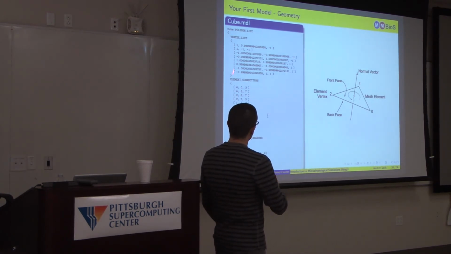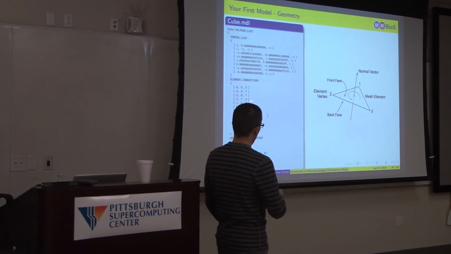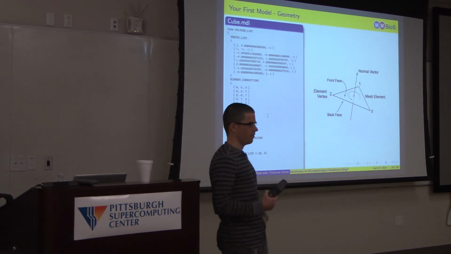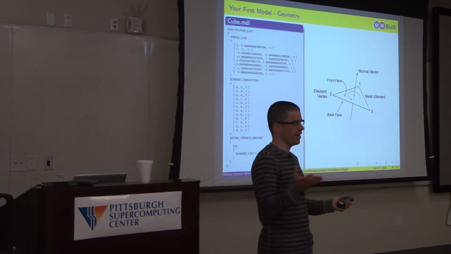And in addition to just defining the cube, so we have our 8 cube vertices and our 12 cube triangles describing the sides of the cube, we can also define regions on this object, and regions are basically just collections of triangles. So you can make any kind of region you want.